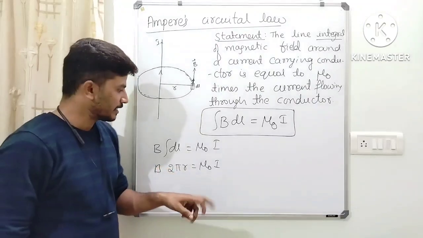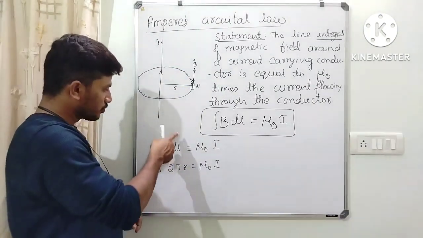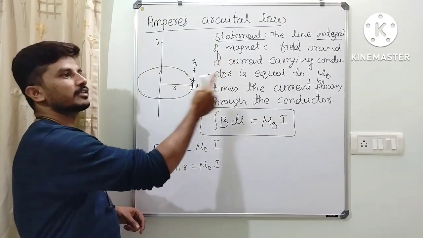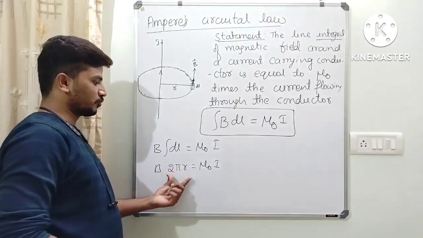Here this dl is a small length element, so the summation of all small dl's will give you the circumference. It is a circle whose circumference is 2 pi r.